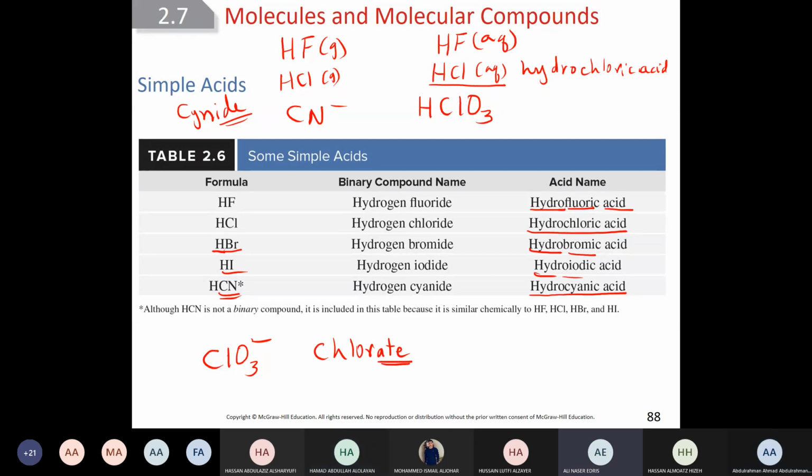Chloric acid. You change ate into ic. Only, you don't do anything else. So the name is chloric acid. Do we do that with all the polyatomics? Everything, yes, exactly. I will give you examples.